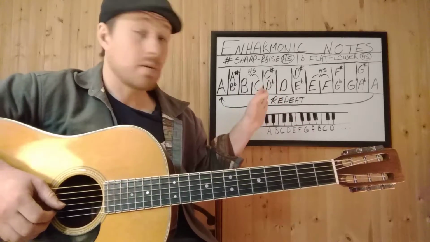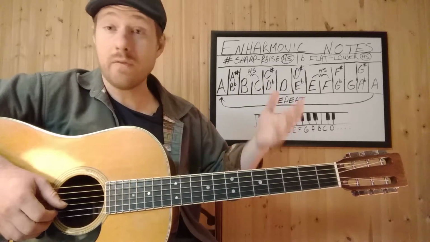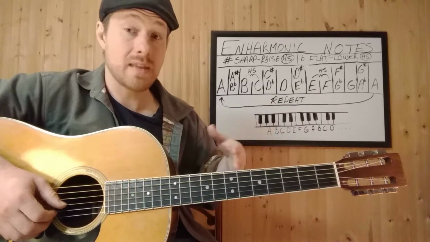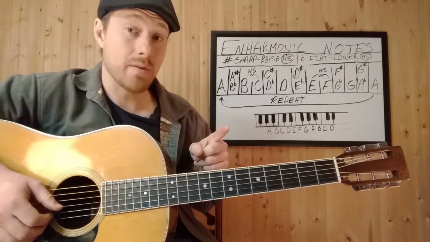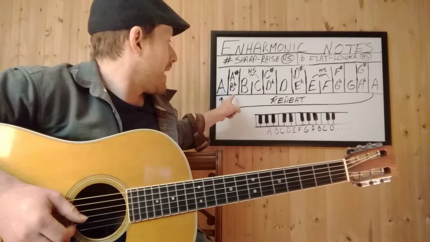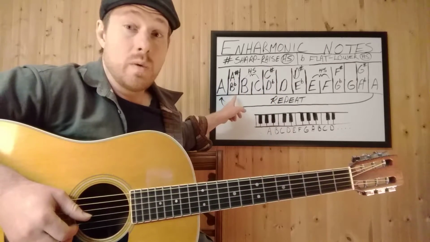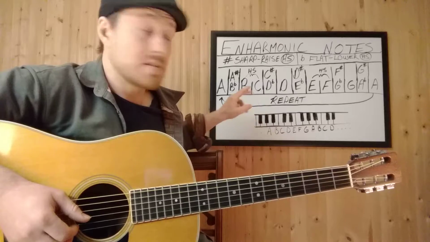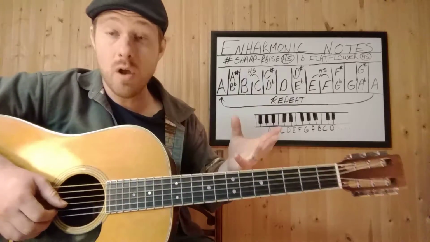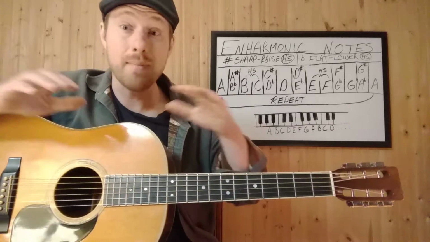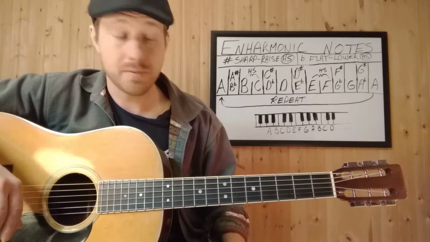Now you know the musical alphabet goes A through G and then repeats. You know that most of those natural notes are a whole step except for B and C and E and F. And you know how to name the enharmonic notes in between the natural notes with a whole step, with their sharp name and their flat name. So now that you know all of that, now you can name any note on the guitar neck.